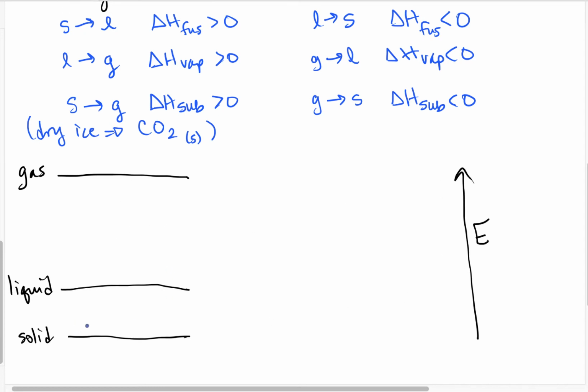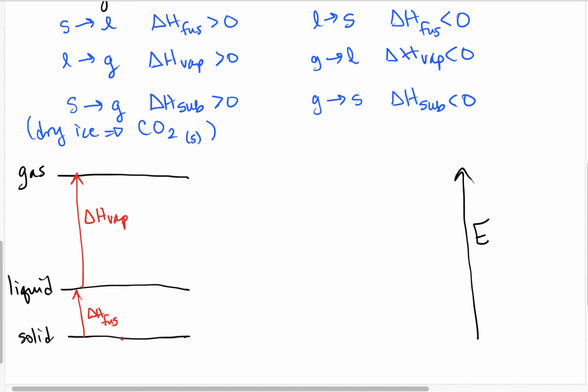So if I want to go from a solid to a liquid, then I need to put in my enthalpy of fusion. And then if I want to go from a liquid to a gas, then I need to put in my enthalpy of vaporization.